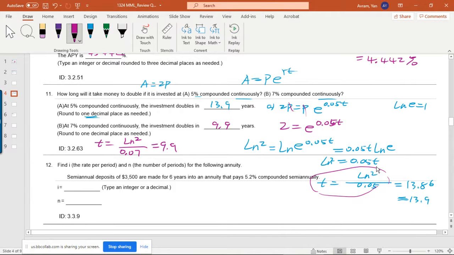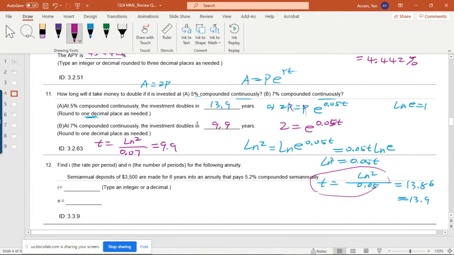9.9 years. Okay, so if you have a higher interest rate, yeah, you can double your money much faster. If you have 7% compounded continuously, you have a little bit less than 10 years. If you have $1,000, your money is going to grow into 2,000 already.